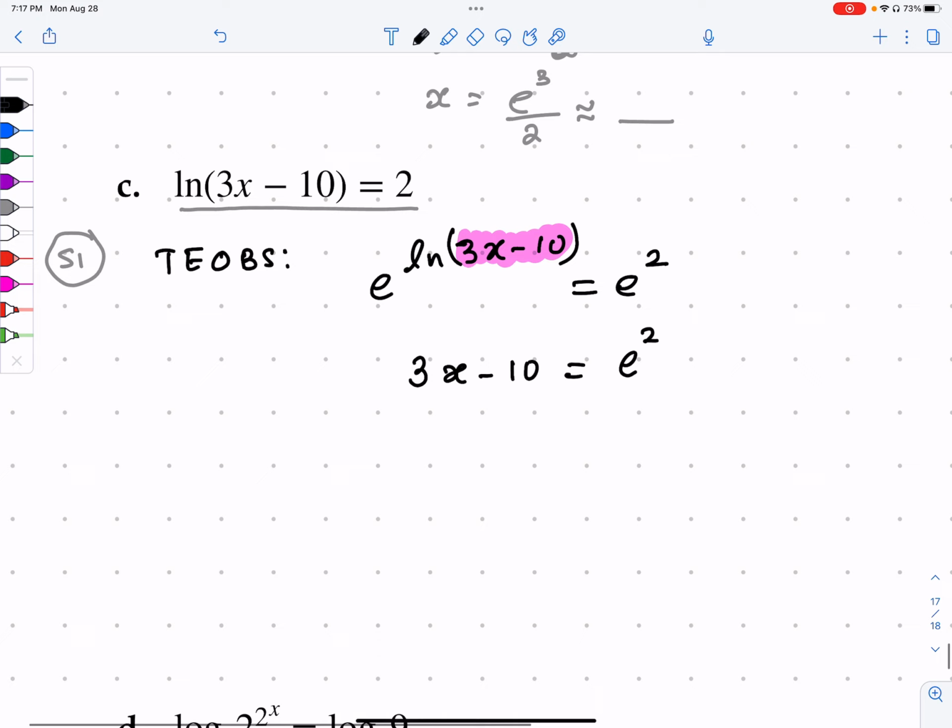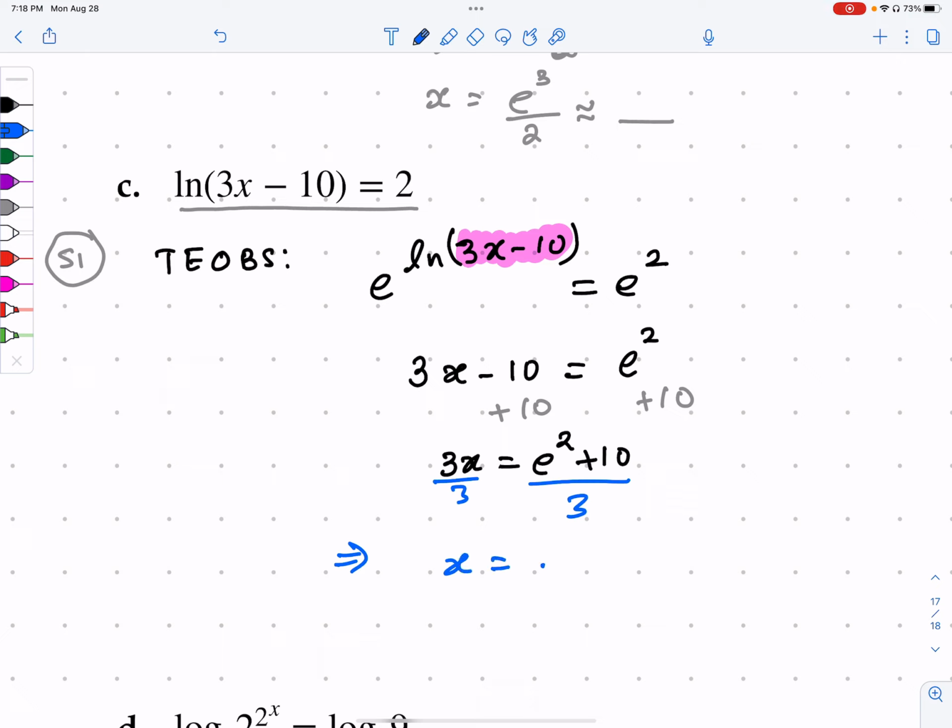Now I'm going to add 10 on both sides. If I add 10 on both sides, I'm going to have 3x is equal to e squared plus 10. Now I'm going to divide by 3 on both sides. That would give me my answer as x is equal to e squared plus 10 divided by 3.